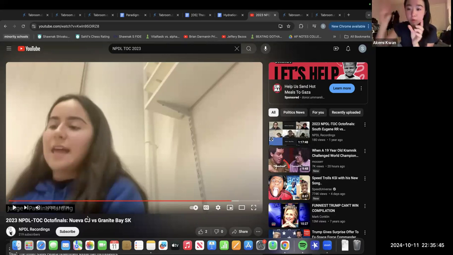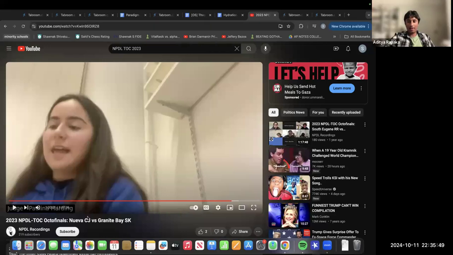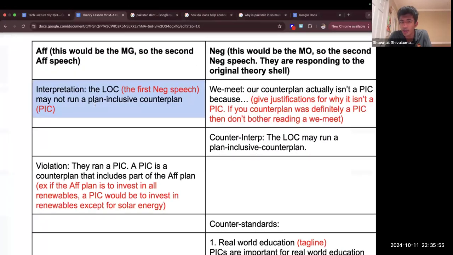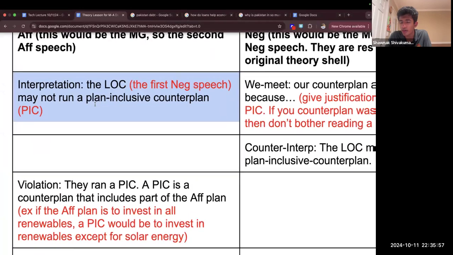That would just be a whole theory shell. You just start with A is interpretation: Neg cannot run picks. And then B is violation: look, he ran a pick. Okay, okay.